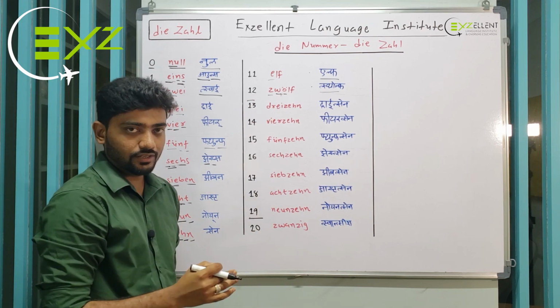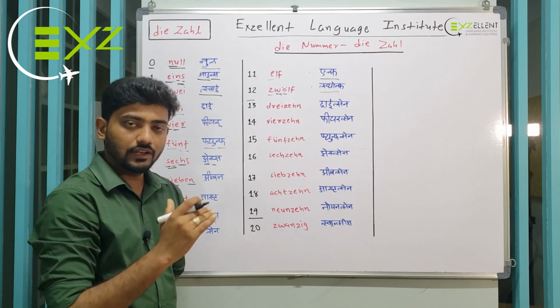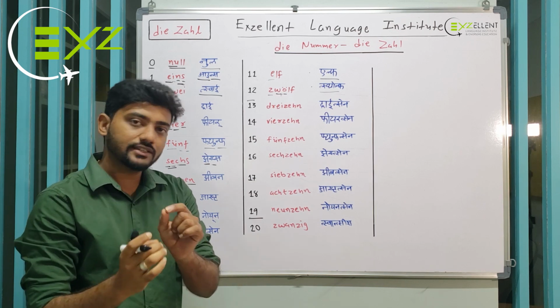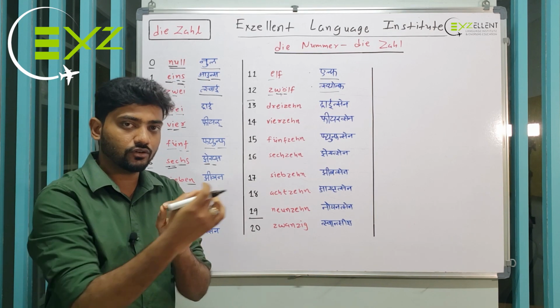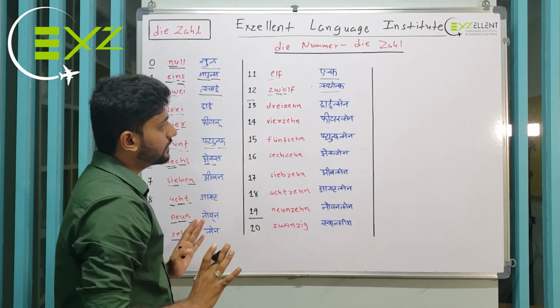Now see, 13 to 19. This is very interesting and very easy to learn. See, in the English language we can say 11, 12, 13, 14, 15, right? So 13 is based on 3, 14 is based on 4, 15 is based on 5, right? The same thing is happening here as well.